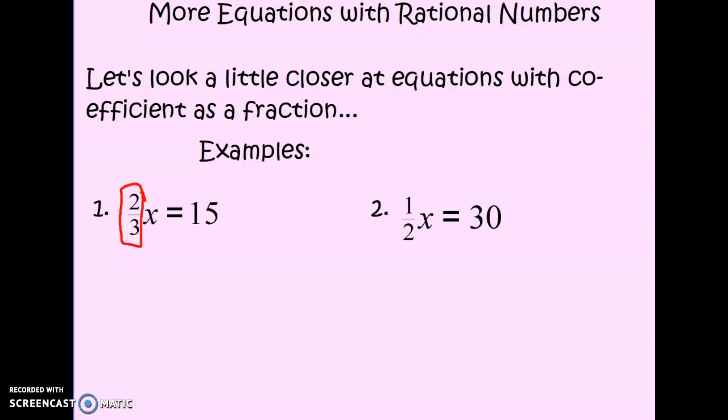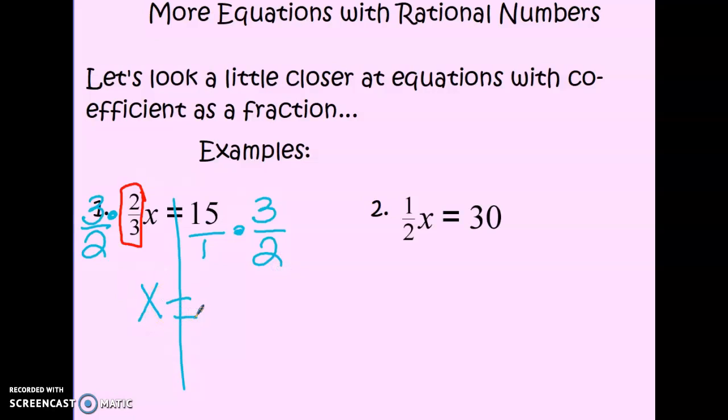So for this one, 2/3 times x, if I multiply by 3/2, I can do the same thing to the other side of the equation, and it kind of saves us a little bit of time.